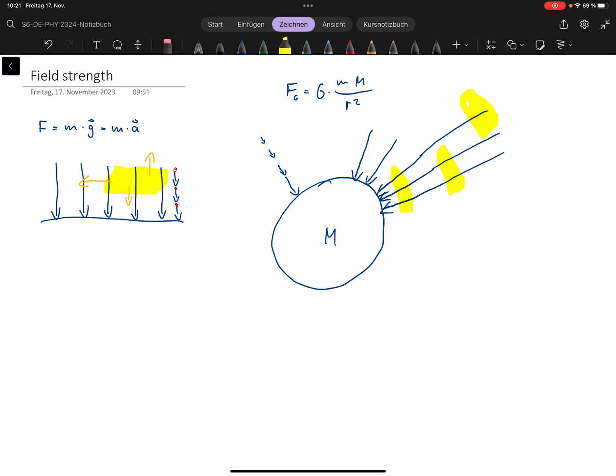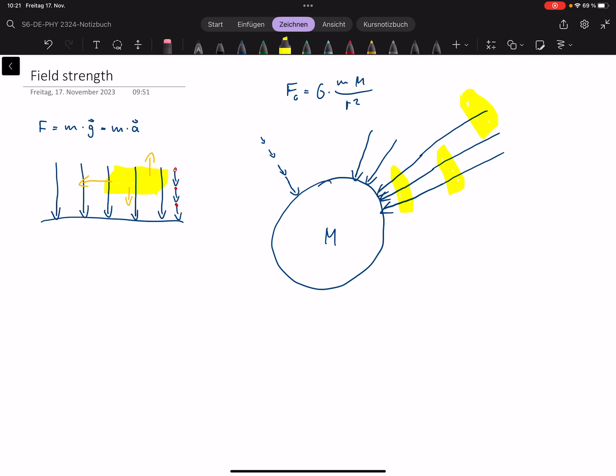Well, we've got the formula here where we can calculate it, but in the formula we have the G, which is a universal constant. We have a radius which is a kind of independent variable, and we have the capital M, which is, in this case, let's say it's the Earth's mass, and then we've got the small m.